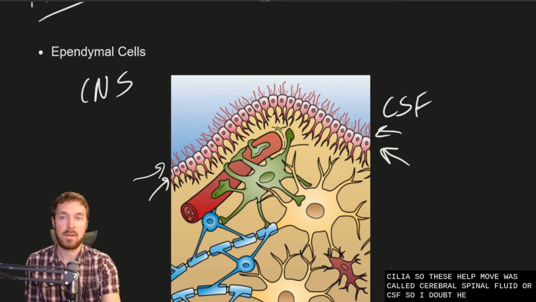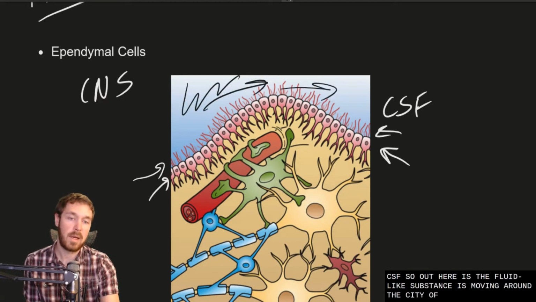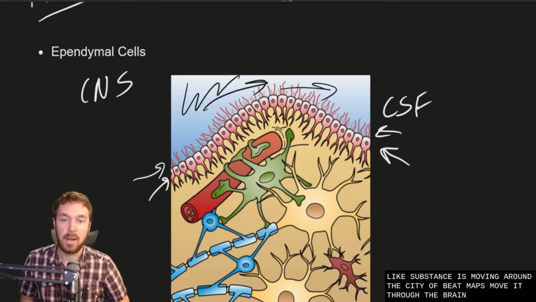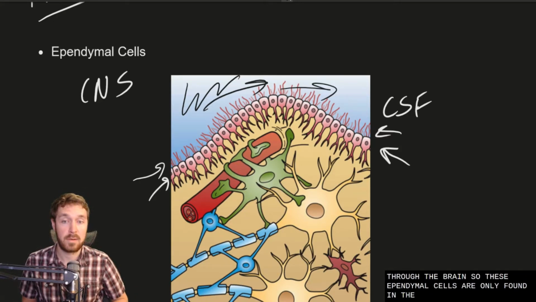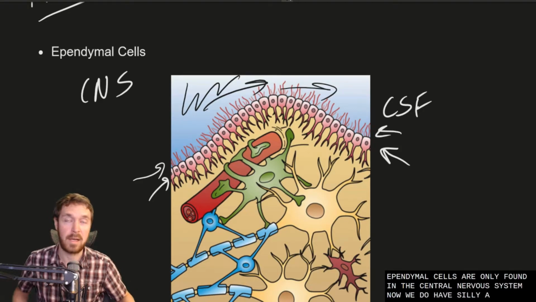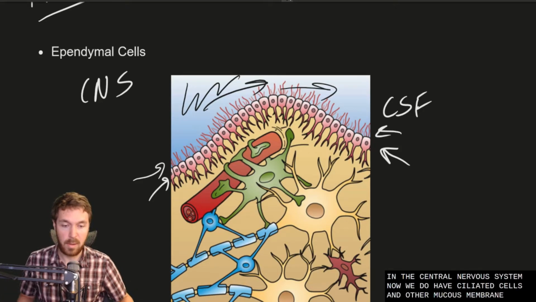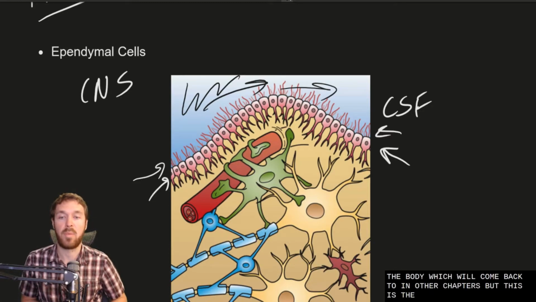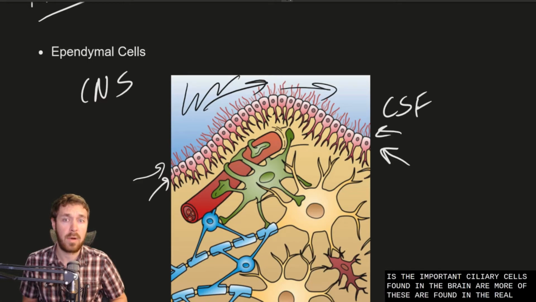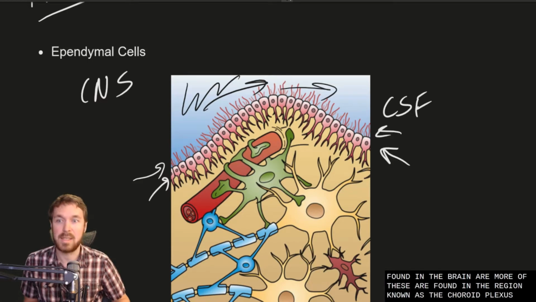So out here is the fluid-like substance moving around, these cilia beat, and it helps move it through the brain. So these ependymal cells are only found in the central nervous system. Now we do have ciliated cells in other mucous membranes in the body, which we'll come back to in other chapters, but this is the important ciliary cell found in the brain. More of these are found in a region known as the choroid plexus as well.